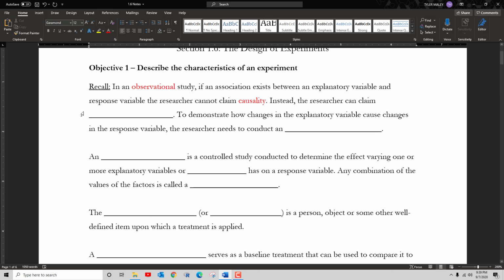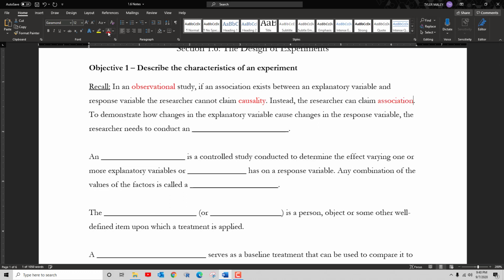So instead, the researcher can claim association. Right? So to demonstrate how changes in the explanatory variable cause changes in the response variable, the researcher needs to conduct an experiment. Right? So this is just some review that we looked at.